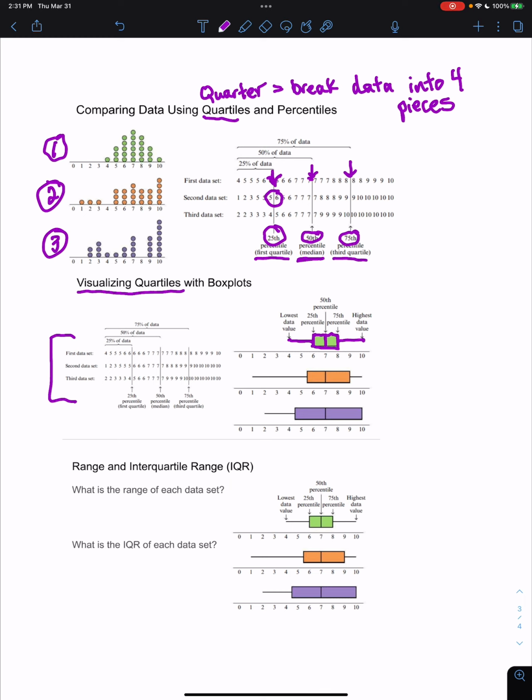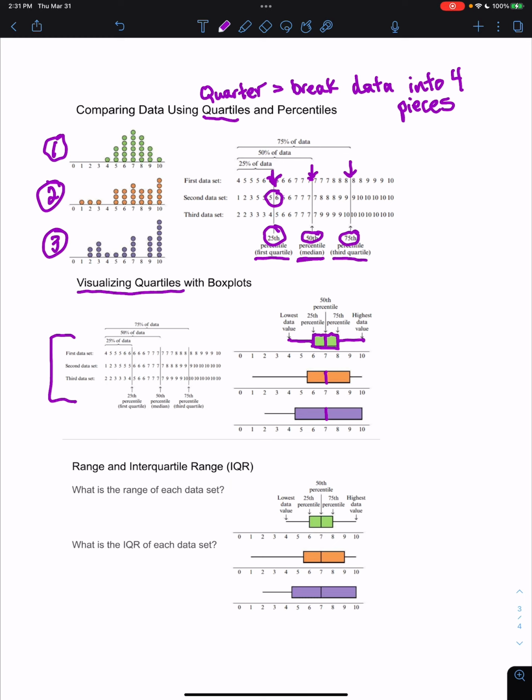So you can see from our box and whisker plots, they make a nice visual of the differences in our data sets, right? So we can see that, for example, all of them have the same median. Interesting that they all have the same median number, but they have a very different 25th and 75th percentiles.